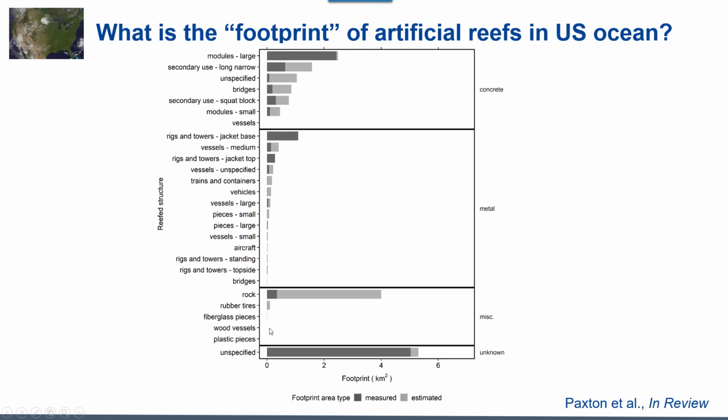And then we have structures like rubber tires, for example, that are no longer permitted to be deployed as reef structures in some locations. I also want to call out the unspecified or unknown components down here. Just over 5 square kilometers, we don't know the exact structure type. But we do know for many of them, as you can see with this dark shading, their footprint from seafloor mapping.